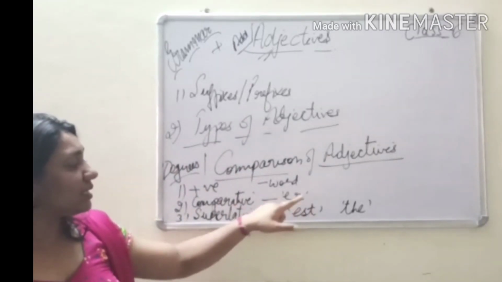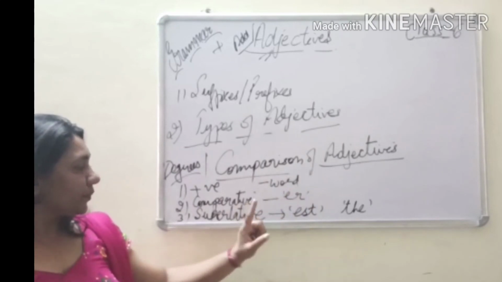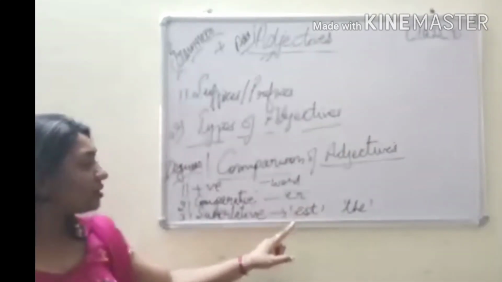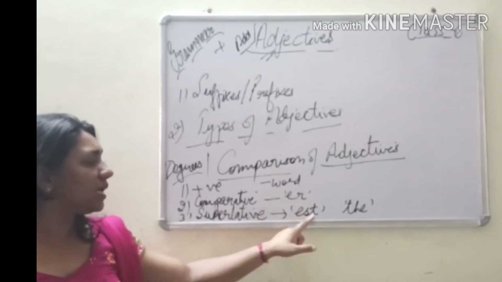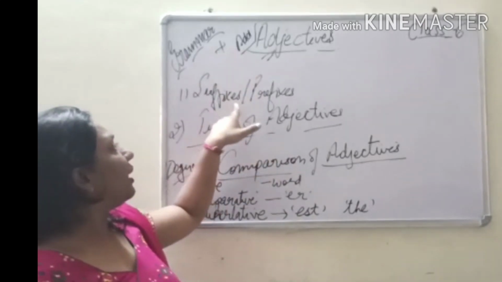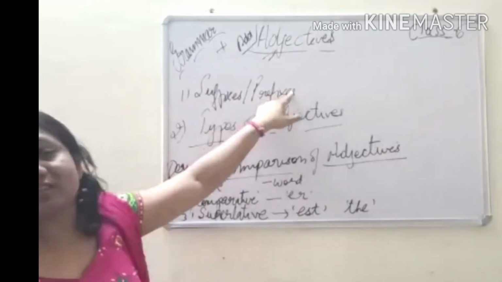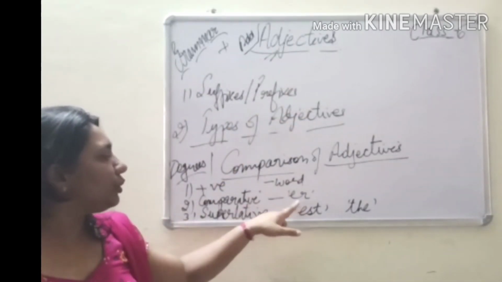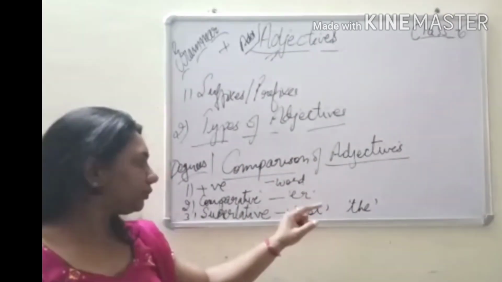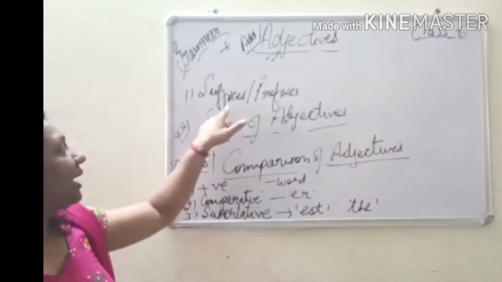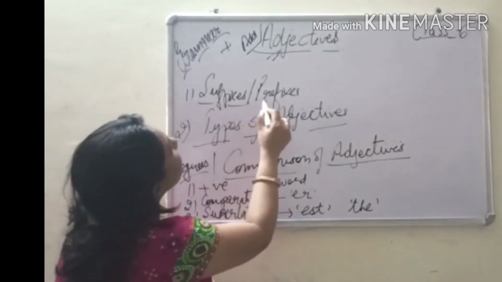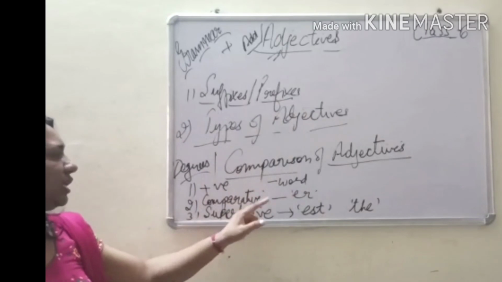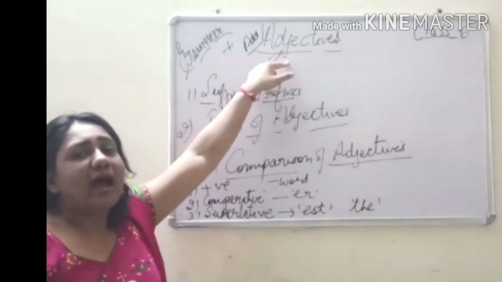Since we are using comparatives and superlatives like ER, EST, suffixes and prefixes are very, very important. You should know where to use ER, where to use EST. That is why suffixes and prefixes have been included under the topic of adjectives.